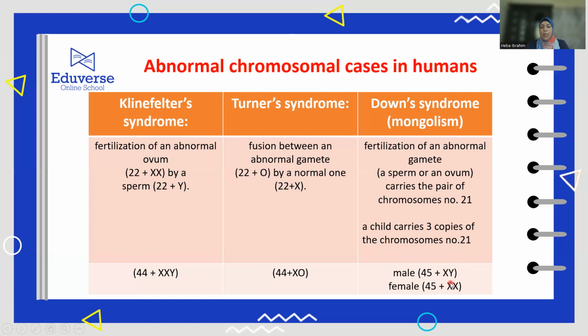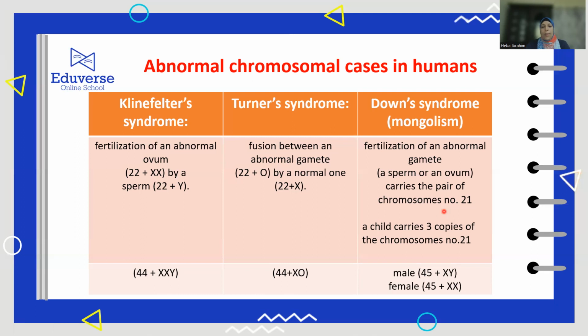The disorder is by increase because we have an extra chromosome, 45, 46, 47. But here, males and females, sexually, are normal, and the disorder is in the somatic chromosomes, mainly in chromosome number 21. This chromosome carries 3 copies instead of 2.